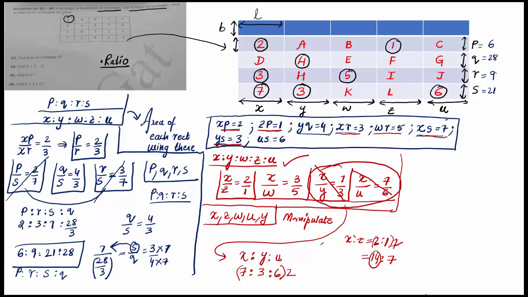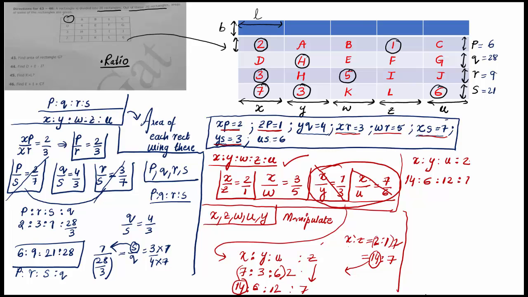So I'm just making it into 2, so this would become 14, this would become 6, and this would become 12, right? And now I can add z to this, because when x is 14, z would be 7, right? So now we have values for x, y, u and z as 14, 6, 12 and 7.